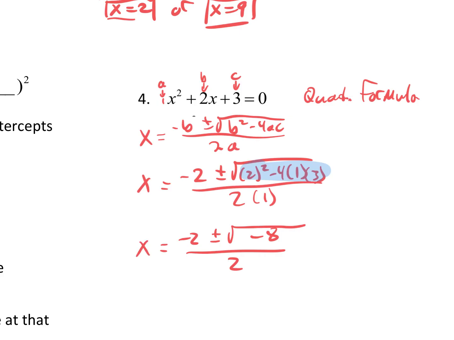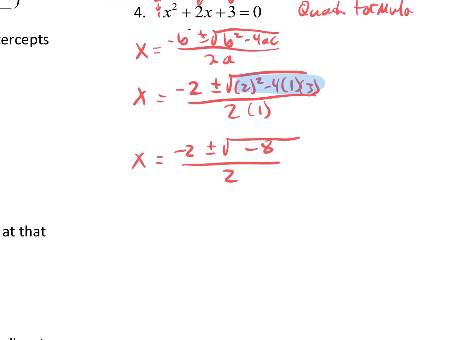Now, this is an irrational number here. Actually it's going to be an imaginary number because it's a square root of a negative number. So that negative is going to come out to be an i, and the square root of 8 is the square root of 4 times the square root of 2, which is 2 square root of 2.